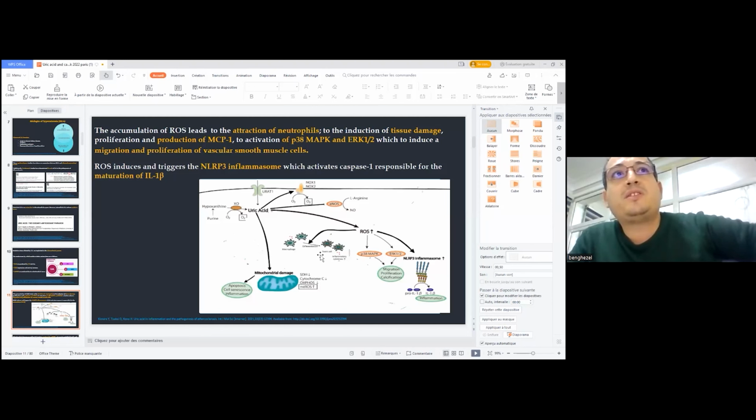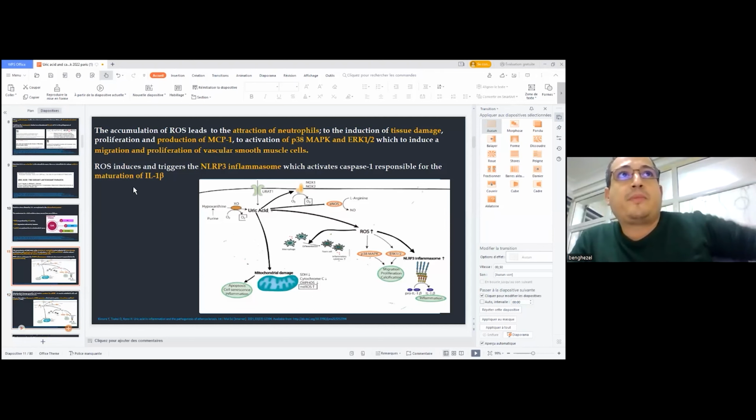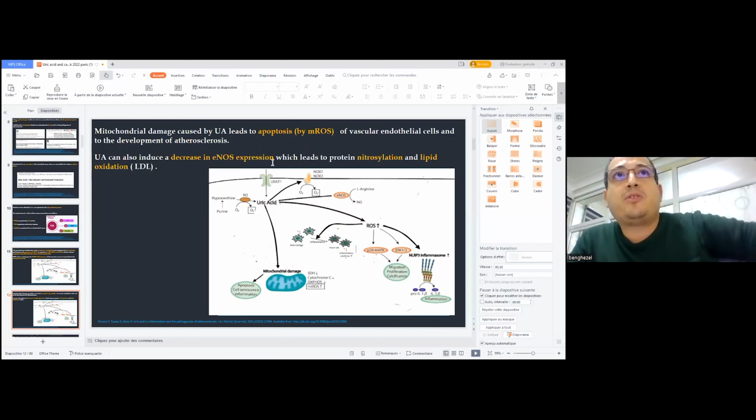Reactive oxygen species also trigger the NLRP3 inflammasome, which activates caspase-1, responsible for the maturation of interleukin-1 beta. Mitochondrial damage caused by uric acid leads to apoptosis of vascular endothelial cells and to the development of atherosclerosis. Uric acid can also induce a decrease in endothelial nitric oxide synthase expression, which leads to protein neutralization and lipid oxidation.